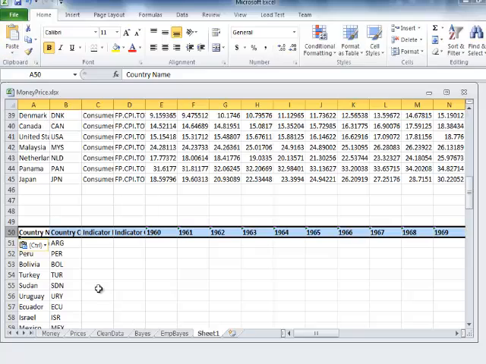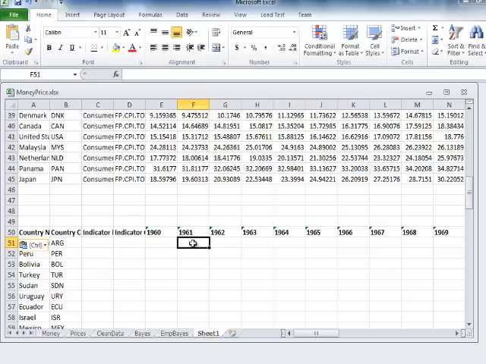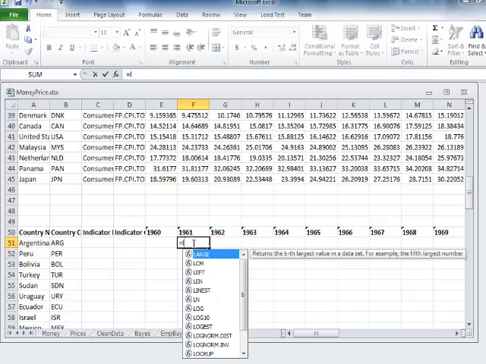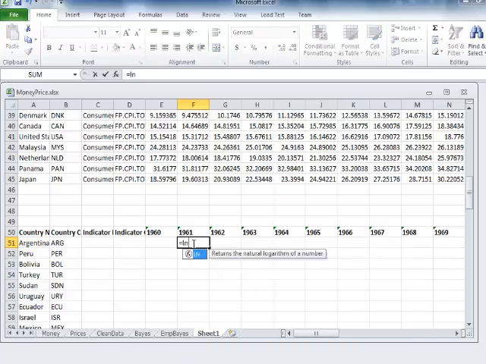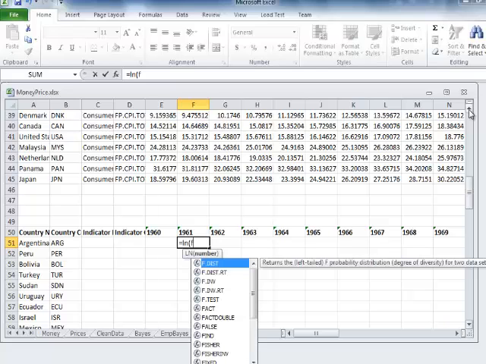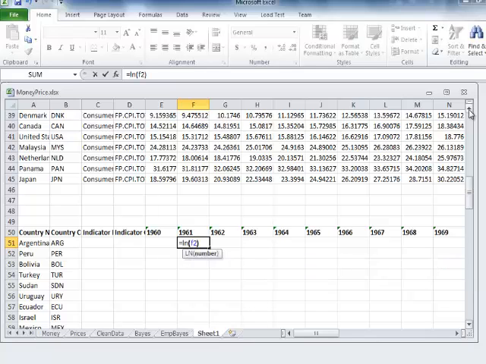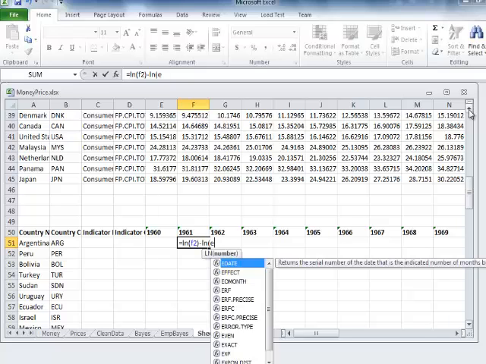Now I'm going to use the logs. What I want to do is go here and say equals ln of F2 minus log E2.